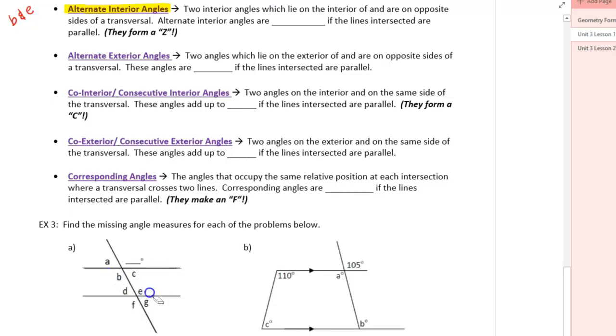There's also another pair, C and D. And alternate interior angles are actually equal if the lines are parallel. And by the way, we're only going to be dealing with parallel lines in this class, so all of this is going to hold true.